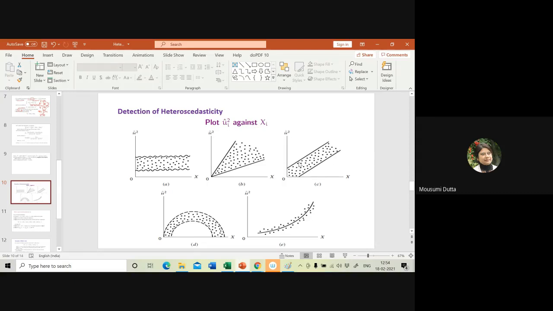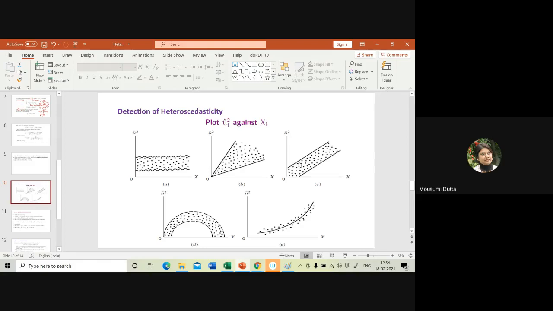At your undergraduate course also, you learned about several detection methods like White's test, Breusch-Pagan test, etc. You found that in case of heteroscedasticity, we try to relate the residual component with xi. That is whether there is any relation between xi and the residual component.